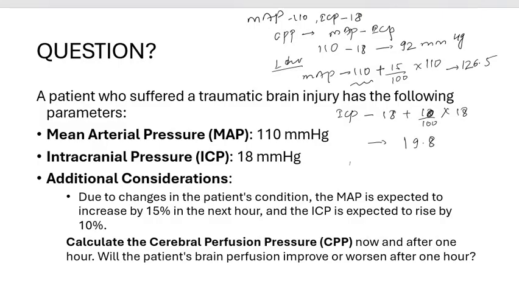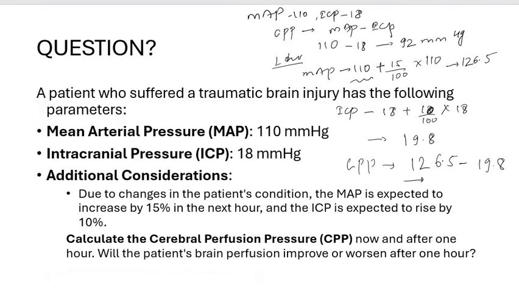So the new cerebral perfusion pressure equals new MAP, which is 126.5, minus new ICP, which is 19.8, which gives us 106.7 mmHg. So we can say that it will increase from 92 mmHg to 106.7 mmHg. That's your cerebral perfusion pressure. And we just said the normal range is 60 to 100, so that's not something to be expected.